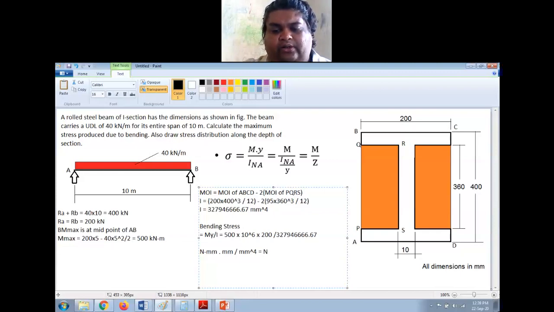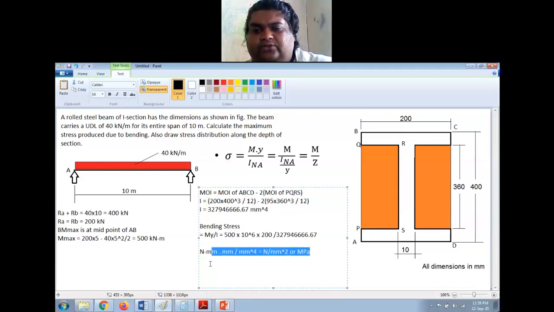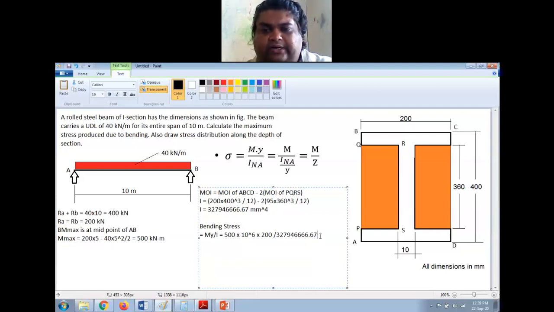What you get will be Newton per mm square, or you can call it megapascal, right? 1 pascal is 1 newton per meter square. Megapascal is 10 raised to 6 newton per meter square, which is also equal to 1 newton per millimeter square, right? So you need to remember this conversion. Okay, so it is simple for me to write MPa instead of Newton per mm square.